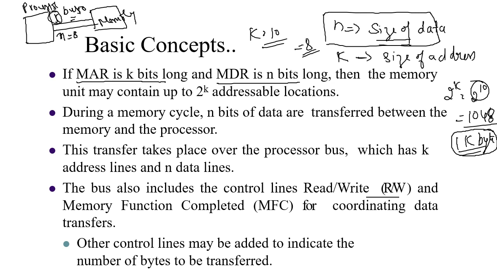Along with the address bus and the data bus, the bus also includes control lines such as read or write and memory function complete for coordinating the data transfer. Other control lines may be added to indicate the number of bytes to be transferred. So we have the address bus, the data bus, as well as control signals.